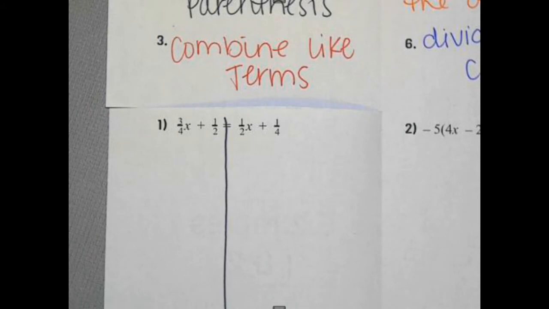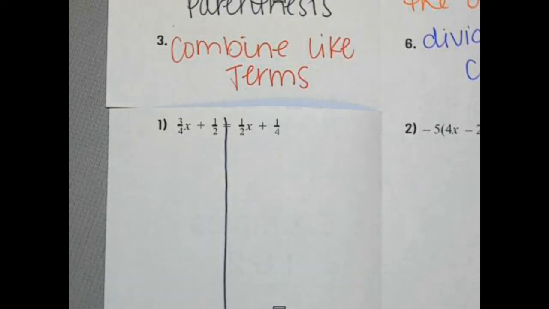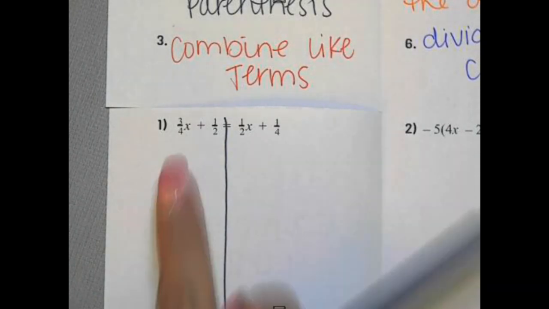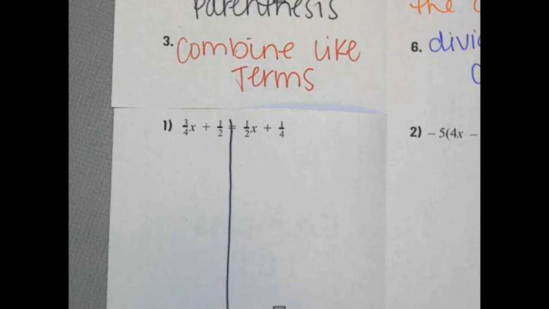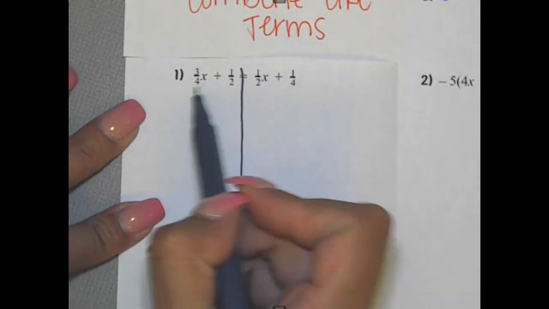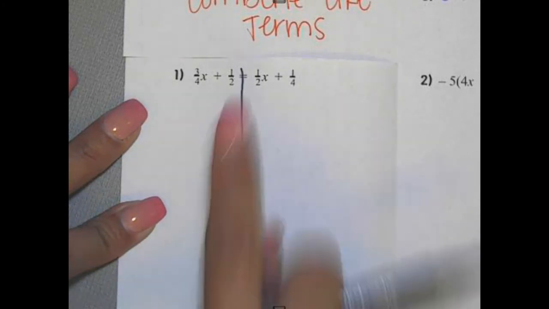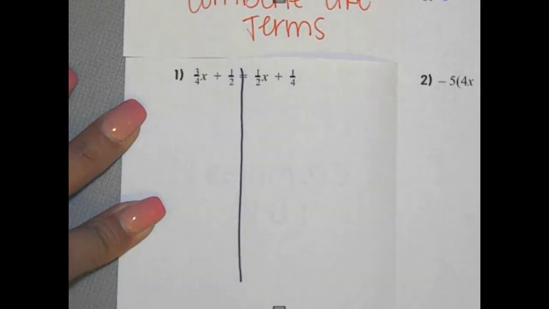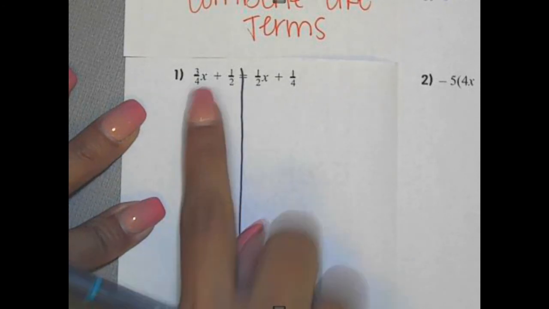Now, to get rid of my fraction, I'm going to multiply every term or every part of this equation by the same number. And the number that I'm going to pick is going to be my common denominator, my least common denominator. So out of 2 and 4, to pick my least common denominator, I am going to pick 4 because I know 2 times 2 would give me 4.